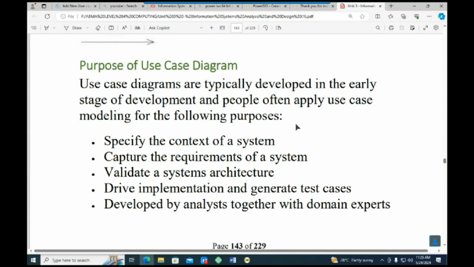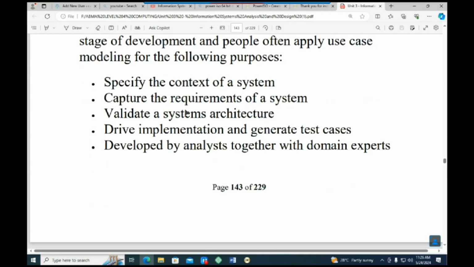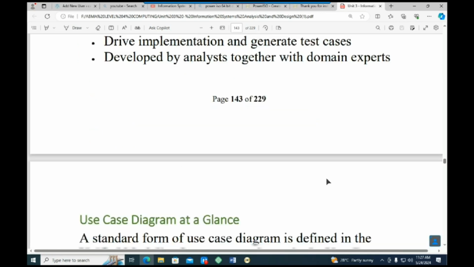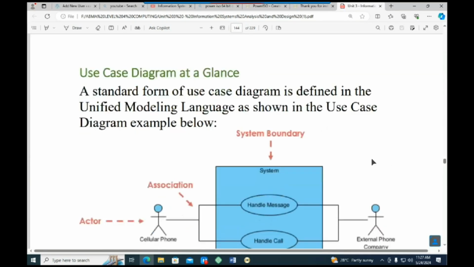So in the early stages of development, we have purposes like specifying the context of the system. That is one. That is where we have the system boundary. Then capturing the requirements of a system. Then we have validating a system architecture. We have driving implementation and generating test cases. Then we have developed by analysis together with domain experts.